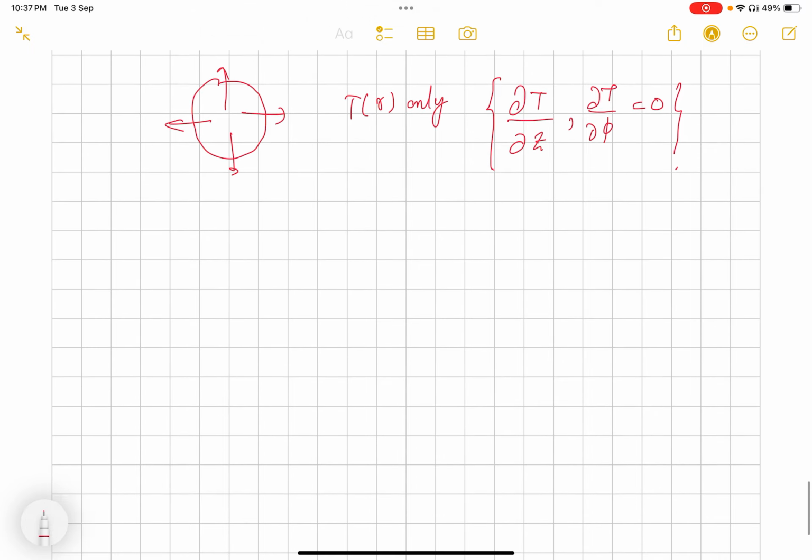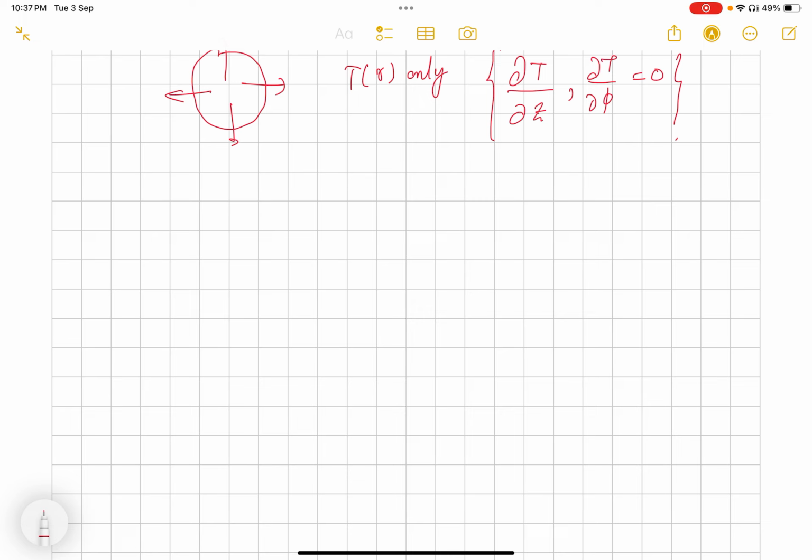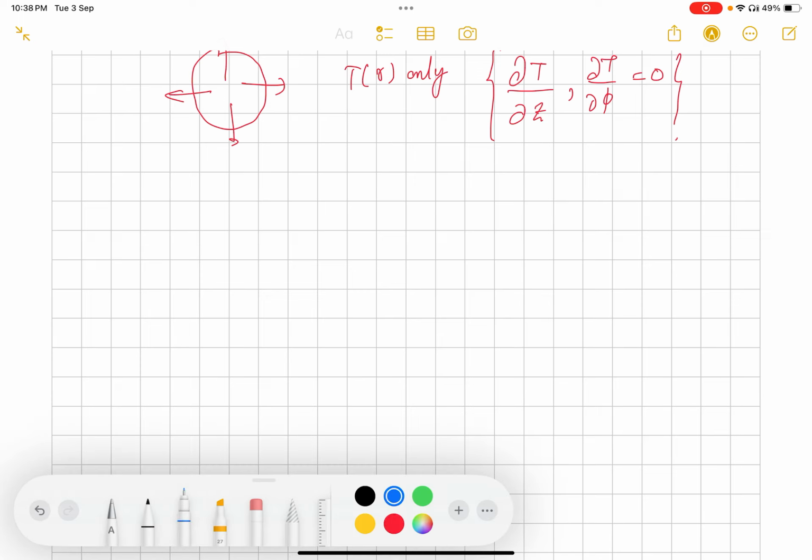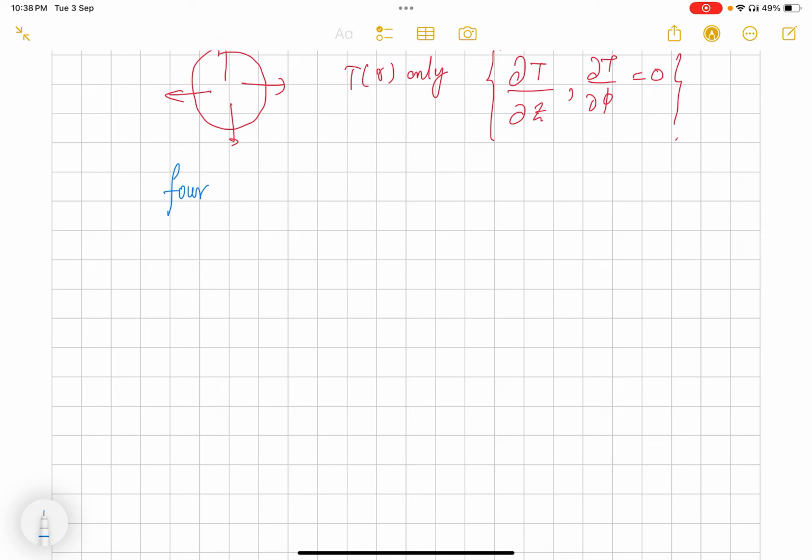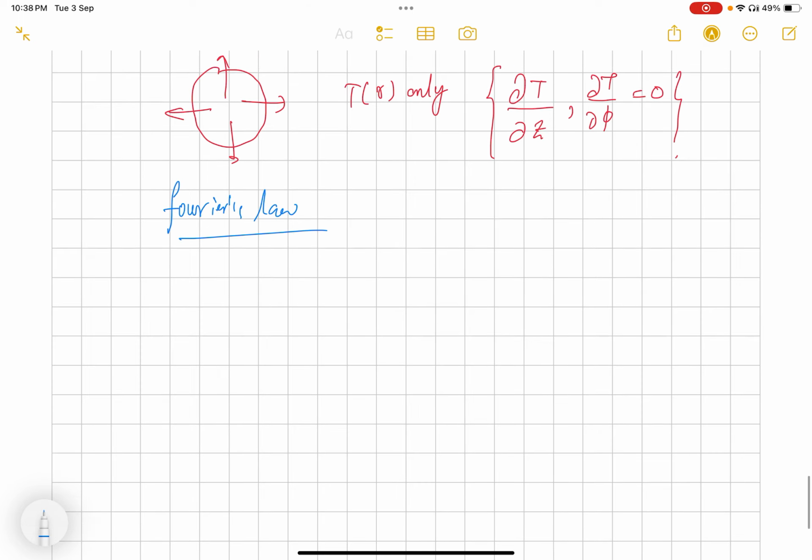So as we have seen in the previous chapter about Fourier's law, it is directly proportional to the temperature gradient.